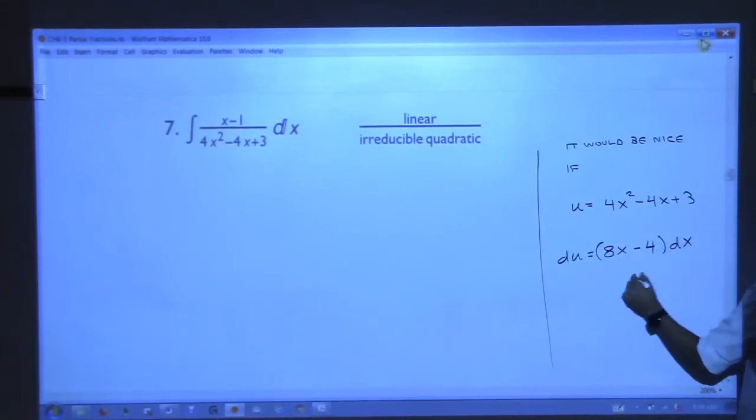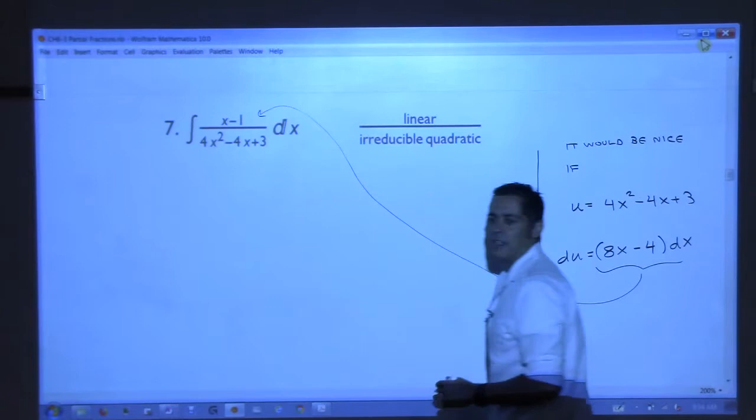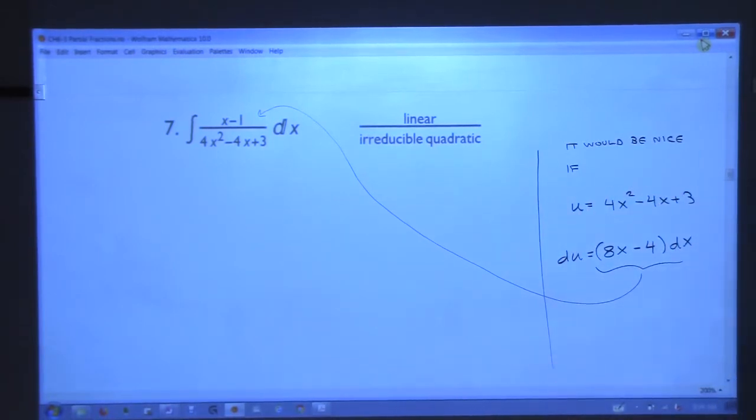Wouldn't it be nice if this right here matched and it was x plus 1? Wouldn't it be really cool if that was x plus 1? Because then we'd be done, wouldn't we? It would just be 1 over u du. So my question is, can we turn this into x plus 1?